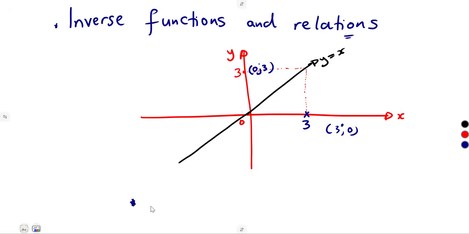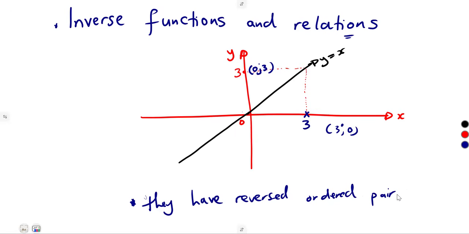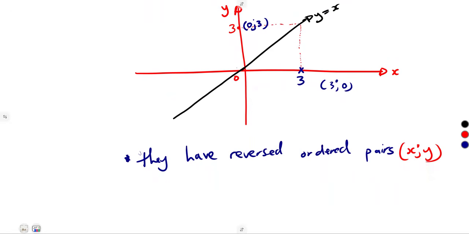In actual sense, inverse functions or relations have reversed ordered pairs, which means the x, y concept is reversed, therefore reversed domain. Thus, the domain of one becomes the range of the other.